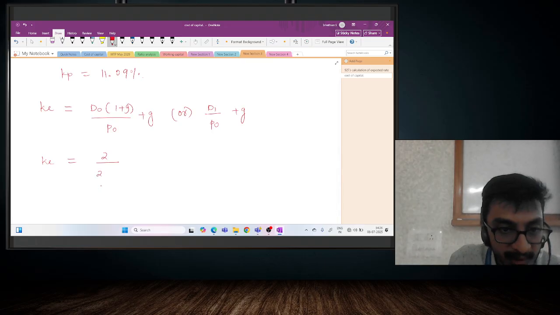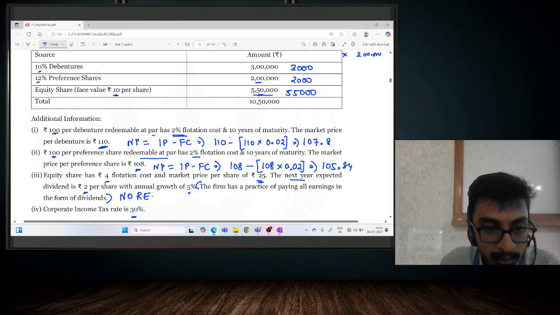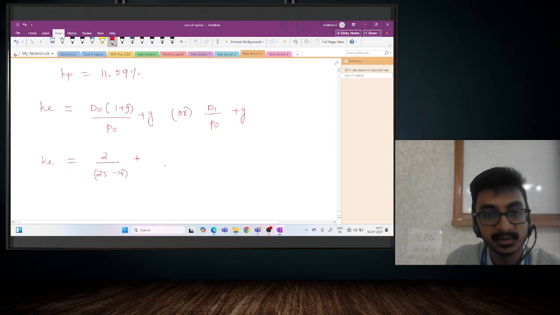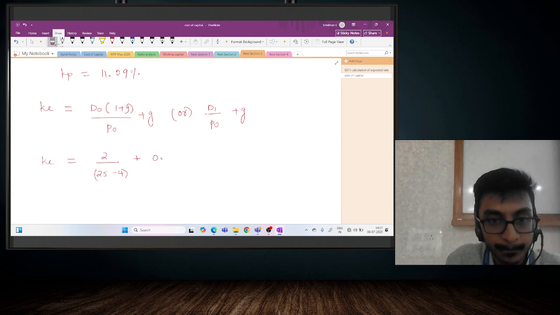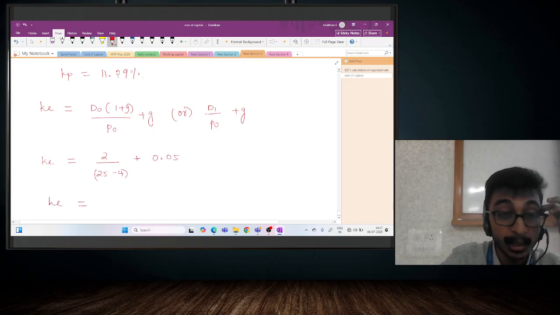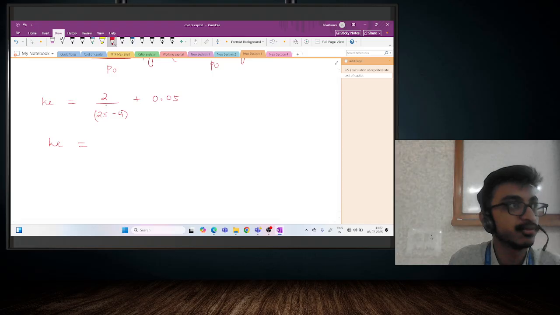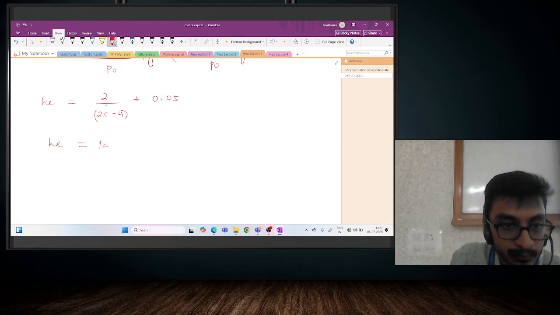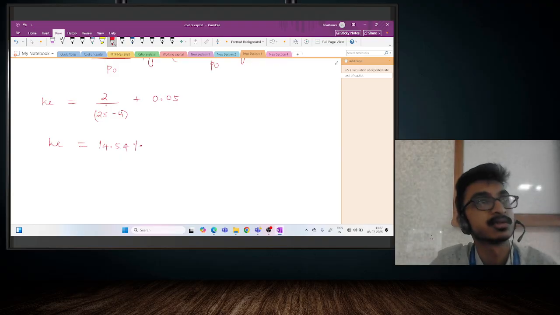So 2 divided by 25 minus 4 plus, what is the growth rate? 0.05, or 5%. So growth rate is 0.05. So what is the cost of equity we get? 2 divided by 21 plus 5%, which is 14.54%. 14.54% is the cost of equity.